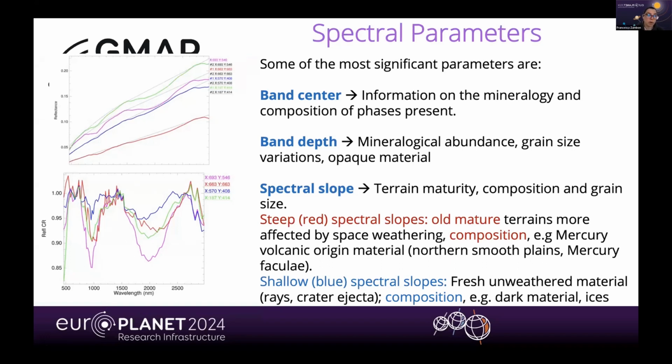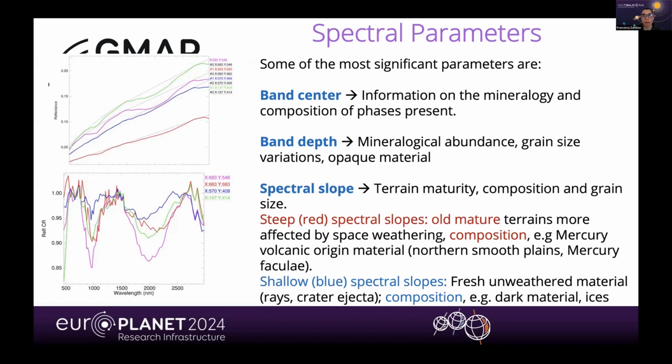The continuum removal is useful to visualize better the characteristics of the band, removing the spectral slope. So in this case, you can better see the position and the depth of the band with respect to the first plot.